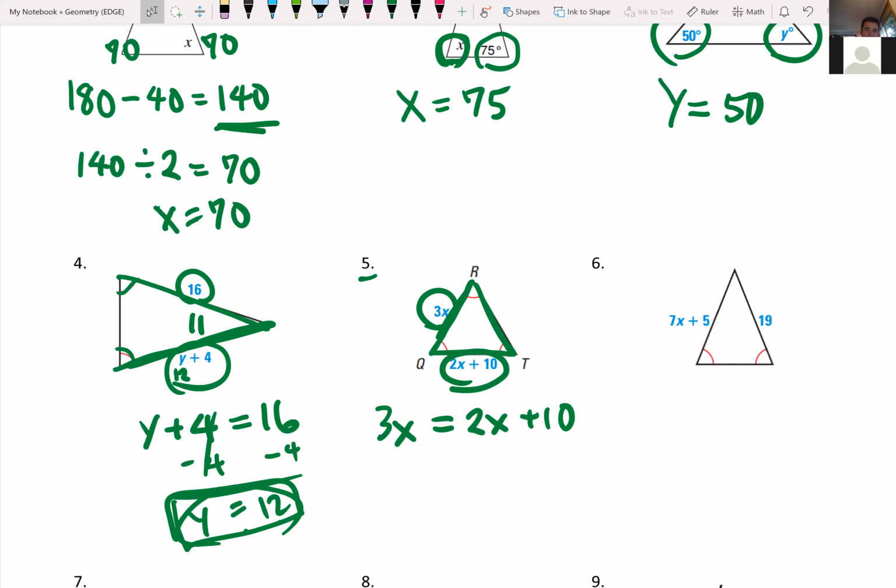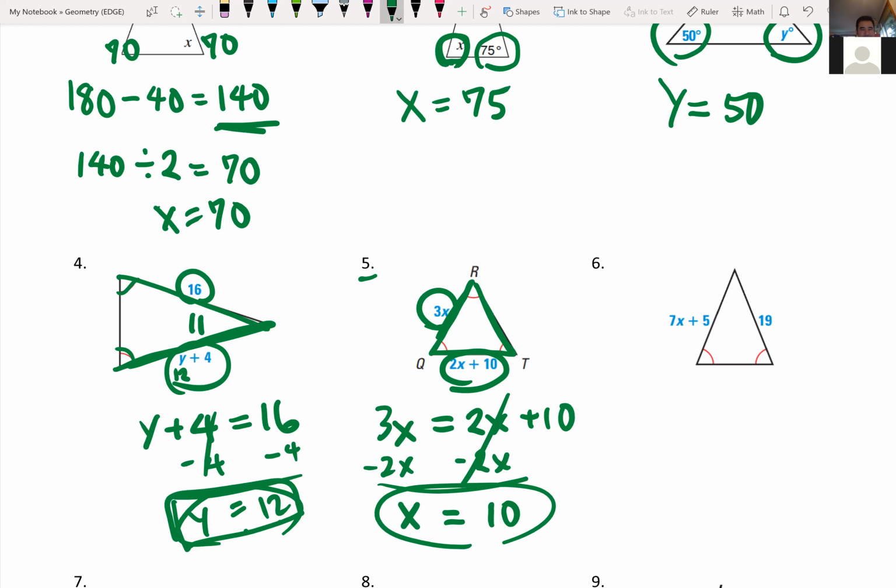Okay, so let's solve the equation. Subtract 2x on both sides, and that's all you need to do, isn't it? You get 1x, or x equals 10. Then that's it. And if you plug in 10 back into x, that makes sense because 3 times 10 is 30, right?